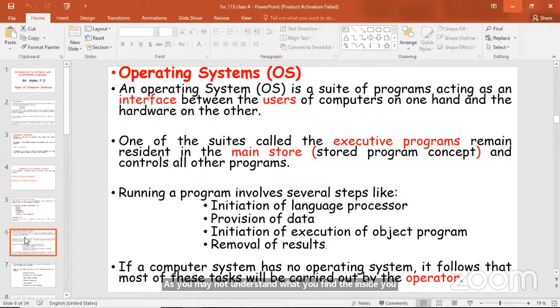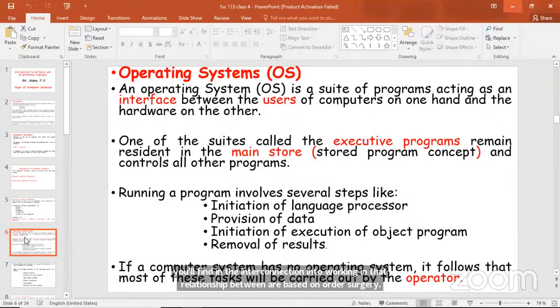You may not understand the navigation. You may not understand the general workings. But the operating system is a suite that helps you overcome all these complexities that you find in the interconnection, interworking, and interrelationship between hardware and other software.